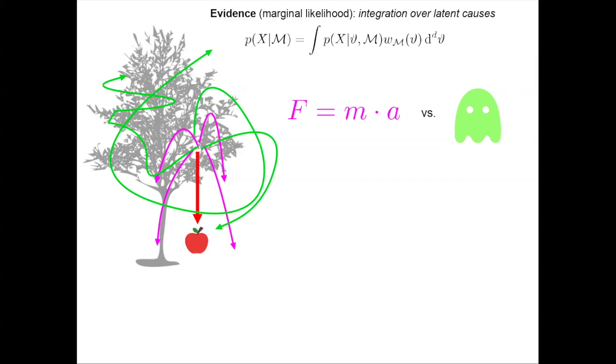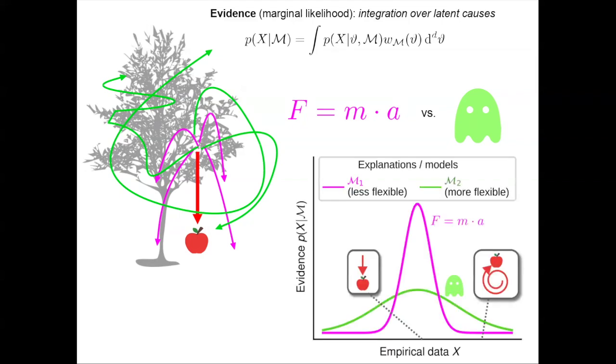So what does this mean for this quantity, the evidence that I was talking about a moment ago? If you imagine placing all the possible scenarios that you may have observed on this abstract axis here on the x, you can imagine that the apple falling from the tree in the particular way that you observed is here, represented by this point.